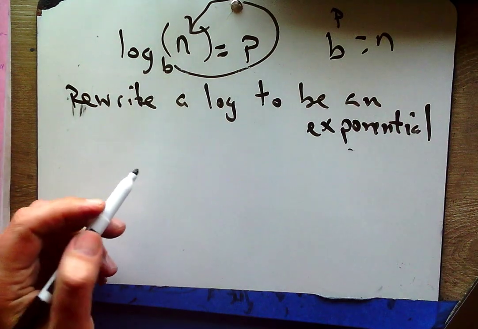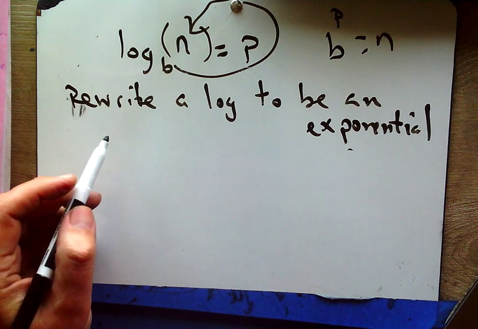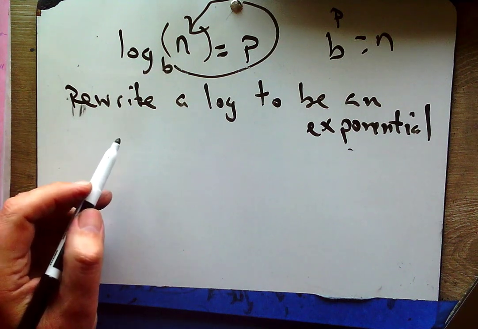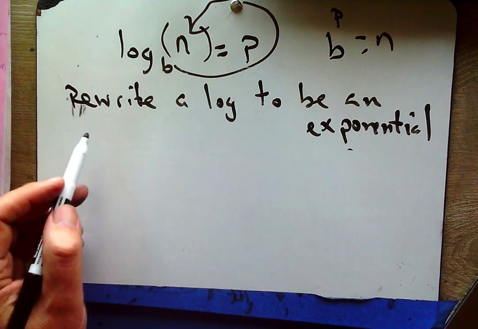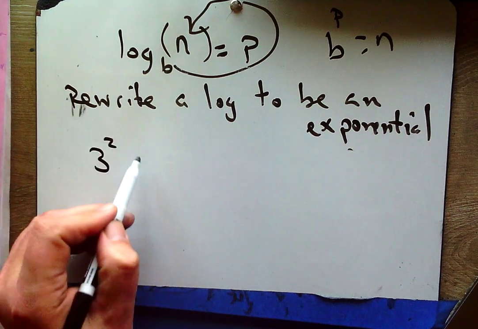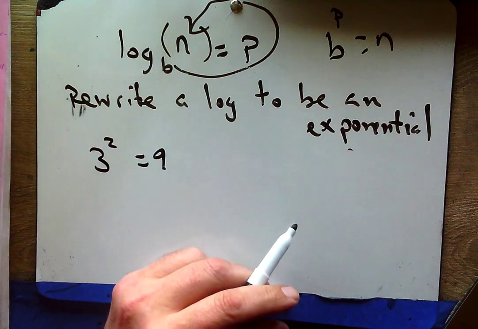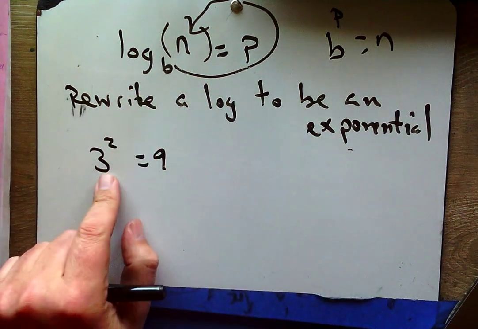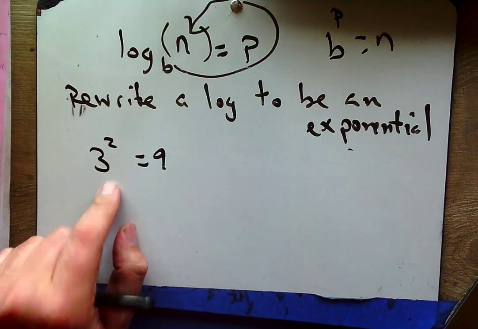So, what are we going to do? Well, can we rewrite this exponential expression, 3 to the 2 equals 9, as a log expression? Like we did with the last problem, can you rewrite this exponential expression as a log expression?